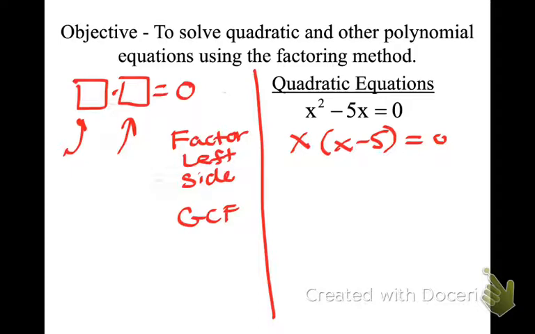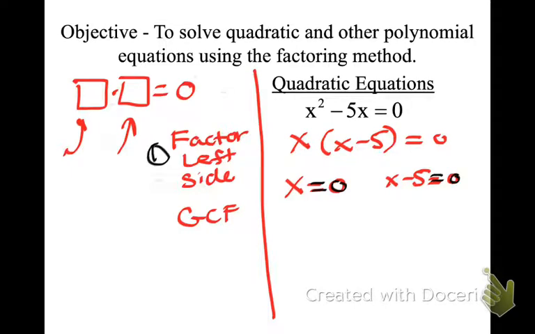If two things multiply together and equal 0, then one of those factors has to equal 0. We're going to use that right here, and what we're going to do is take both factors and set them equal to 0. I don't really need the parentheses once I've factored. Set them both equal to 0.